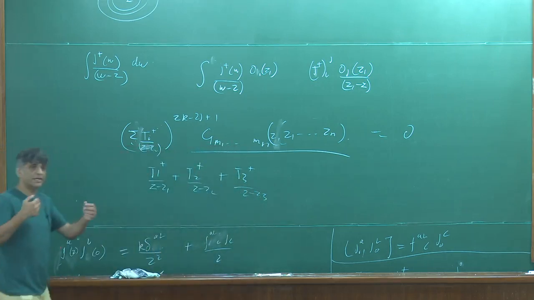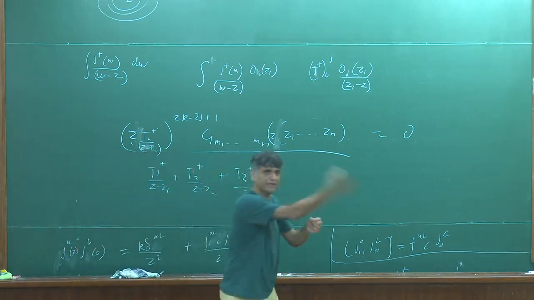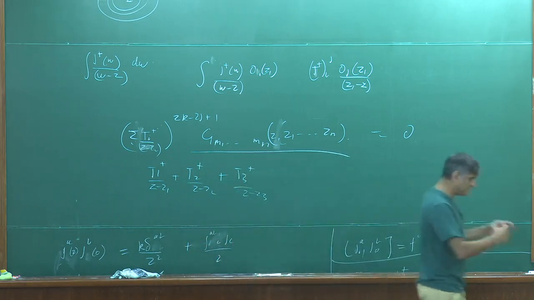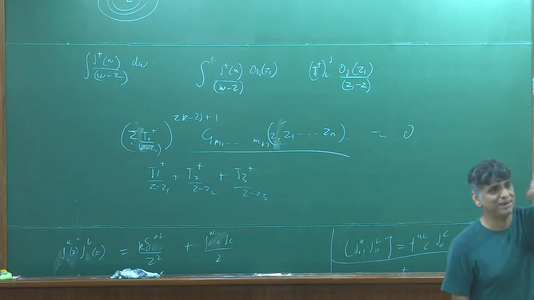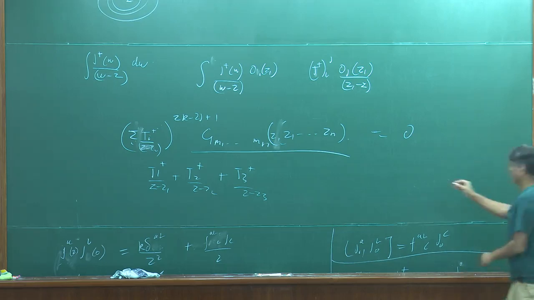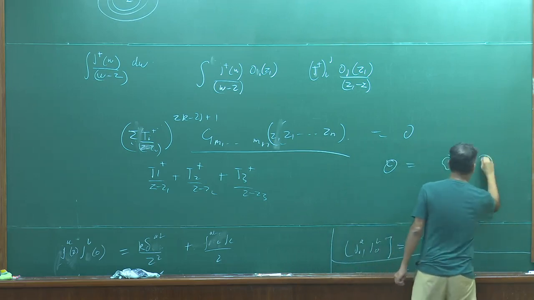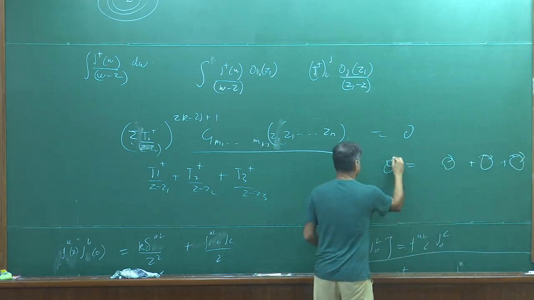No, because the first guy could go and act on operator 1, the second guy could hit operator 2. The first time you get a contour, that contour folds around each of the other operators. This plus that plus that. So this guy was equal to this plus this plus this. Now let's take the second guy.